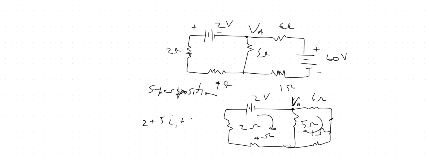What if you parallel these two resistors? What's that? 6 times 5 over 11, right? Then whatever the voltage is here, that would be what? 11 ohms. Then these two, it's going to be a voltage divider, no?